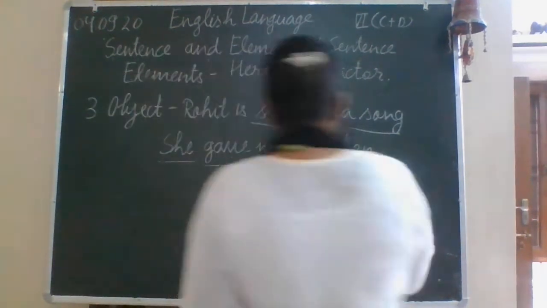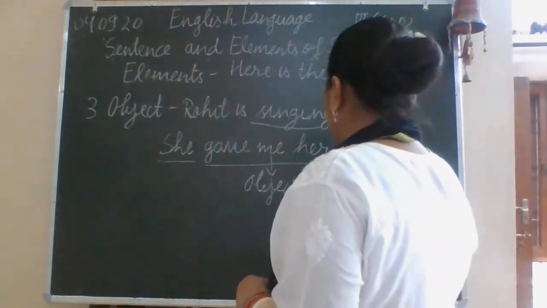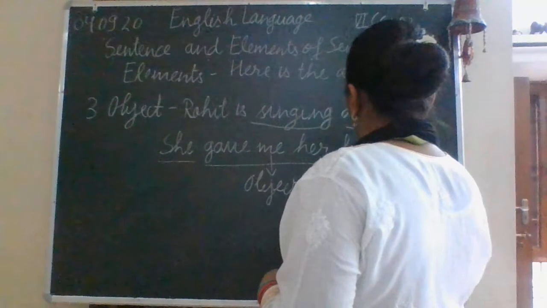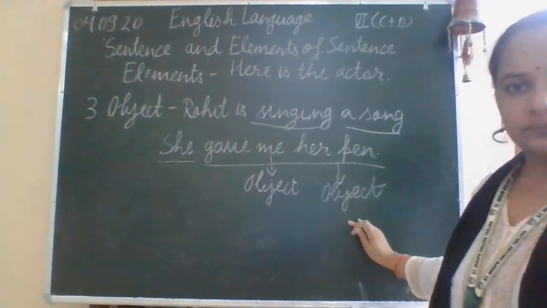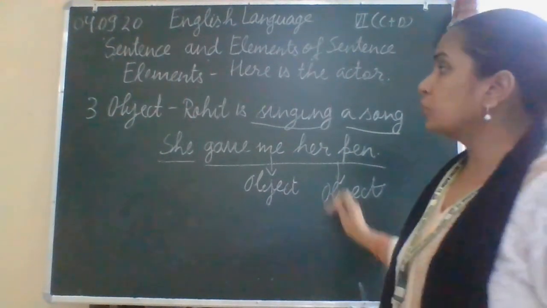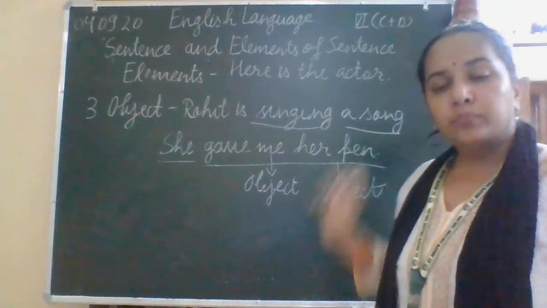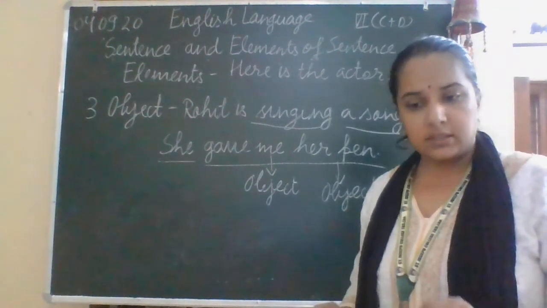And there is one more thing. What is given? The pen is given. So the pen is also the object here. Both of these things, me and the pen, are the objects in this sentence.